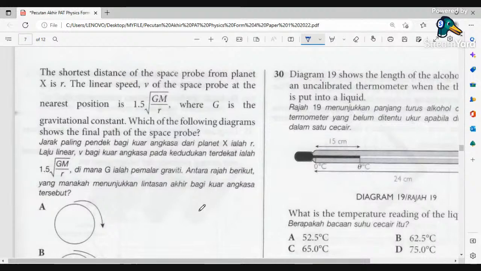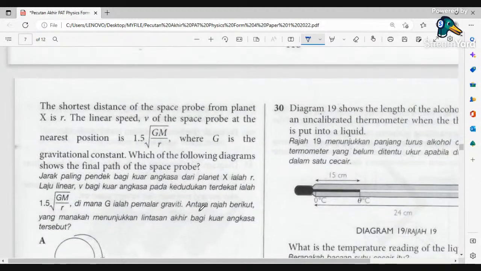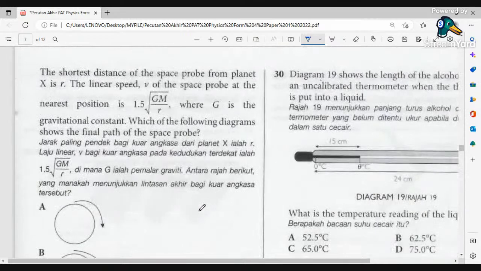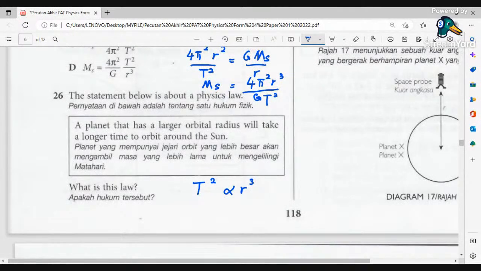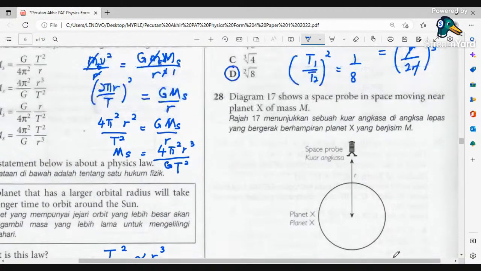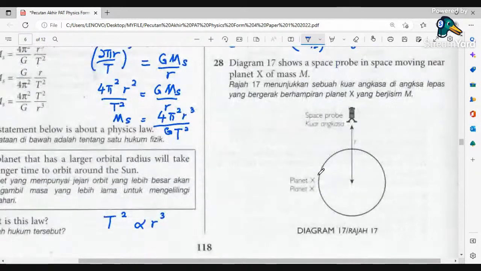Now we want to check the value of speed. It's moving near planet X, of mass m.